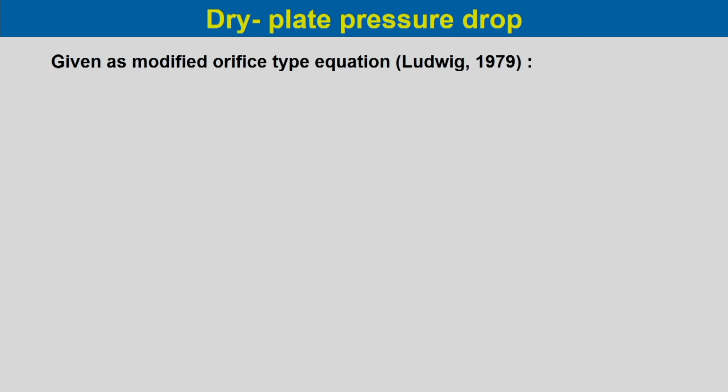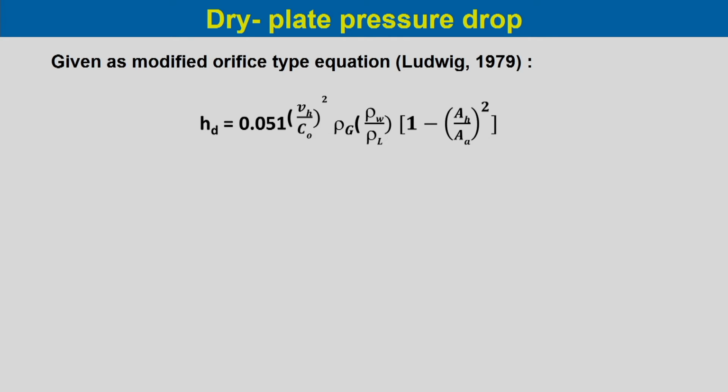Now, given as a modified orifice type equation by Ludwig in 1979, HD would be equal to 0.051 into (VH by C0) whole square into (rho g by rho L)... into (rho w by rho L)... into (1 minus AH by AA) whole square.